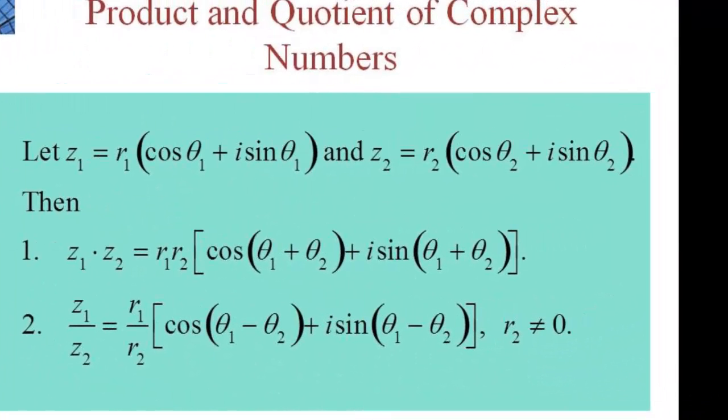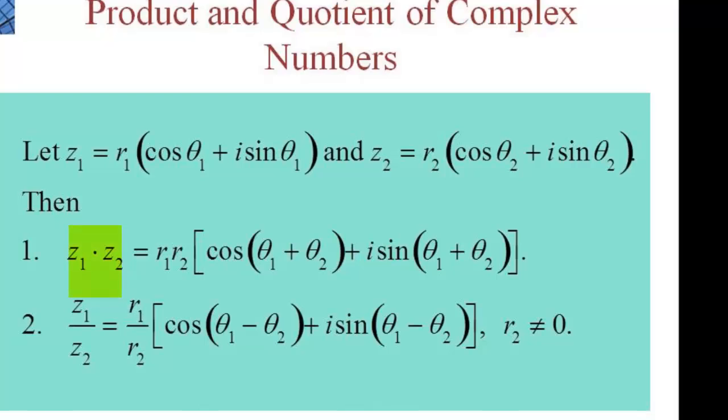Moving on to the next related concept, finding the product and the quotient of complex numbers. If we have two complex numbers, both in trigonometric form, and we want to multiply them, we multiply the moduli, r1 times r2, and then for the cosine and the sine, we add the angles.